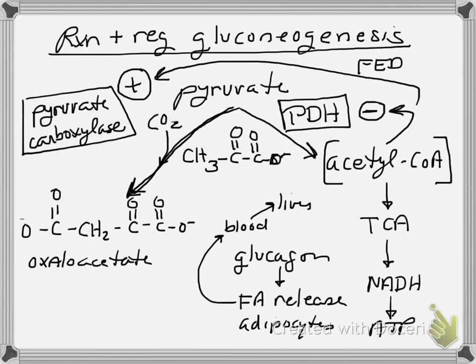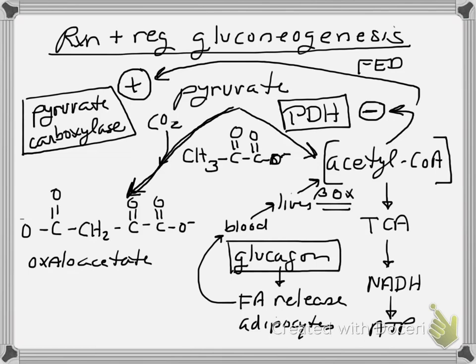the liver takes up fatty acids through the fatty acid transport protein on the plasma membrane, and then will undergo beta oxidation to convert the fatty acids into acetyl-CoA. This happens again in the fasting state due to glucagon signaling. So the acetyl-CoA levels are increased because of the beta oxidation.